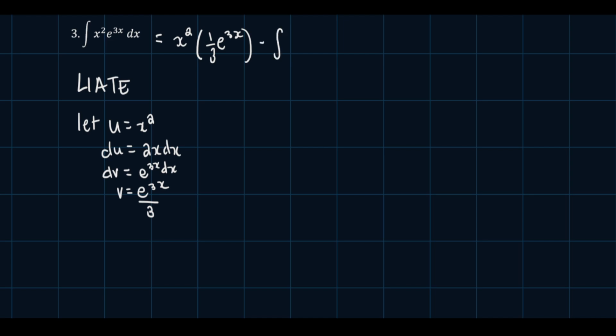minus integral ng v, which is e raised to 3x over 3 times 2x dx. Okay, let me just separate these two.